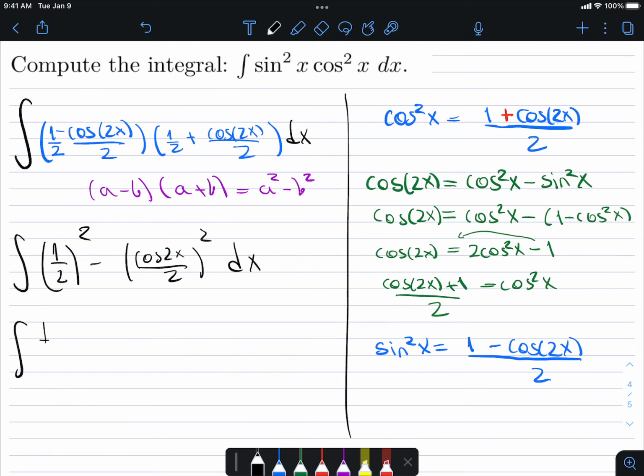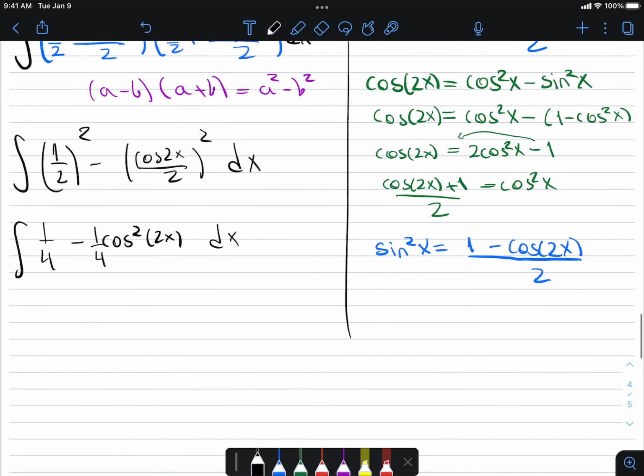So this is the integral of 1/4 minus cosine squared 2x, also times 1/4, because of the 2 at the bottom. So we can split this up into two integrals. Integral of 1/4 minus 1/4 the integral of cosine squared 2x dx.